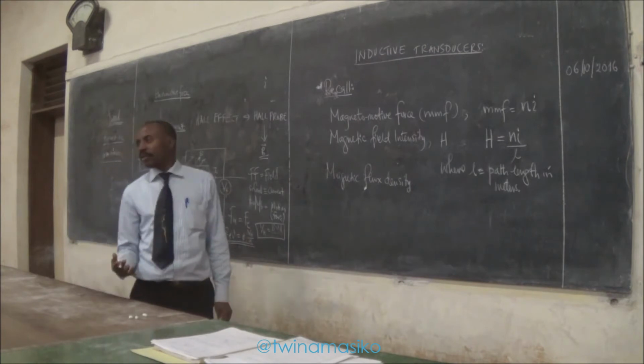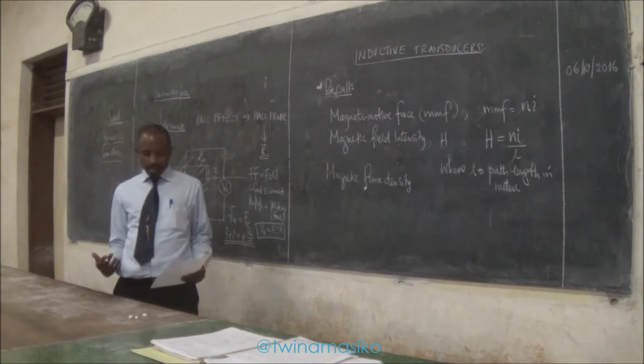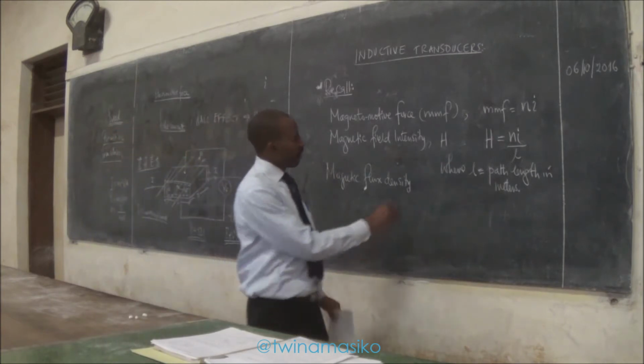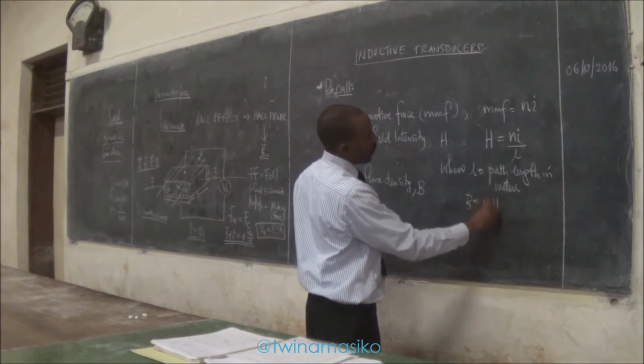Here we don't bother about the direction. We are only interested in the effect. So B is given by B equals mu H.